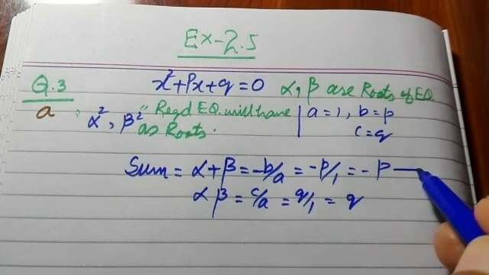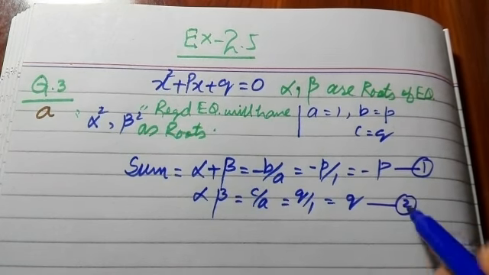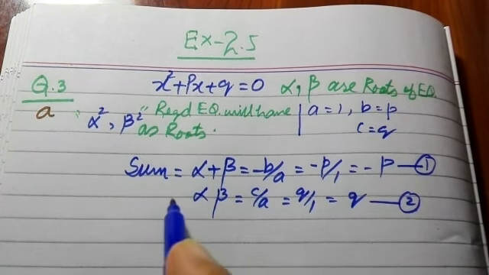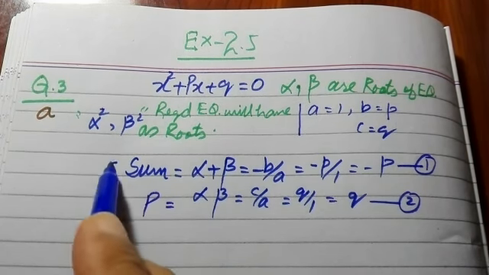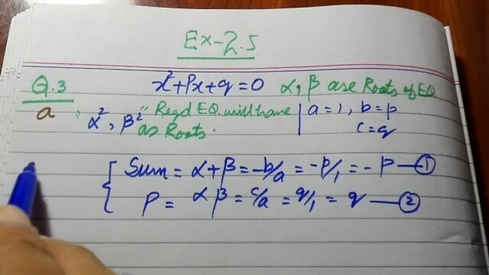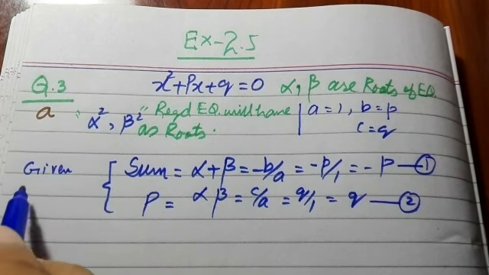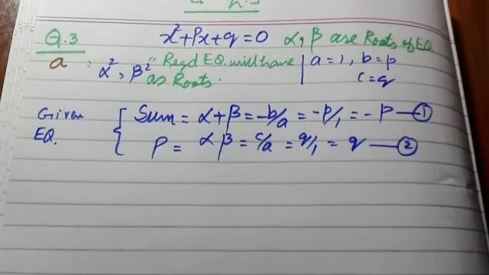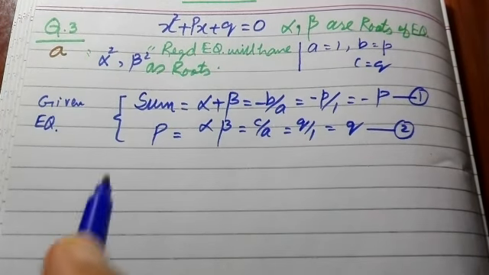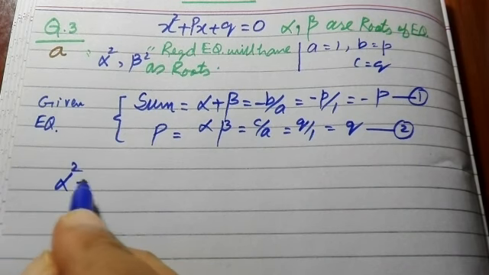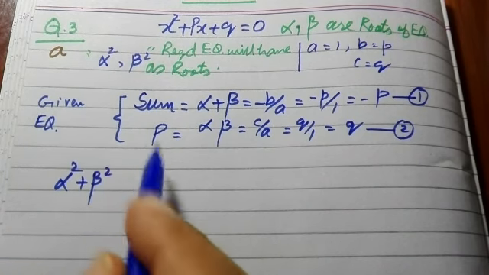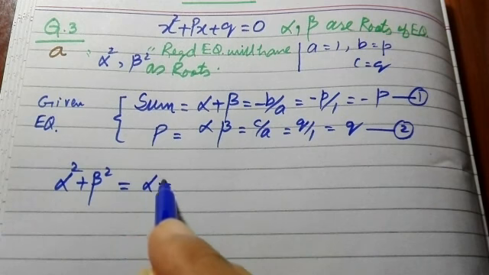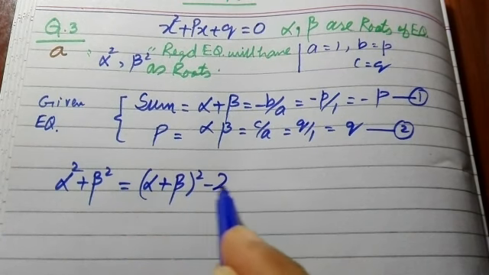So we have gotten two values, one for alpha plus beta, second for alpha beta, and we will use these as the sum and the product of roots of the given equation. So what we will do is find the sum of roots of the required equation, that is equals to alpha plus beta whole square minus 2 alpha beta.